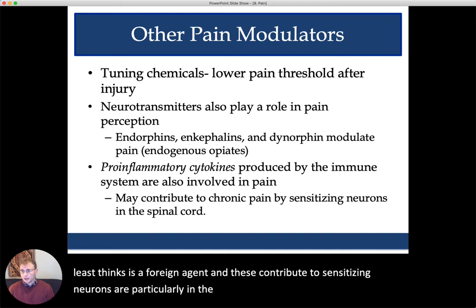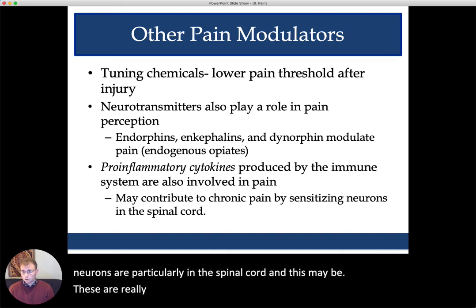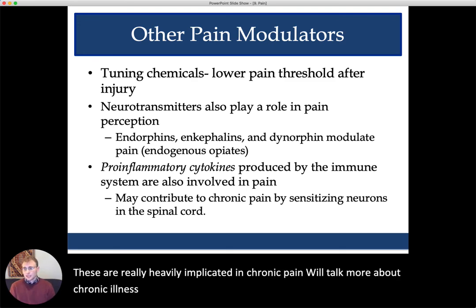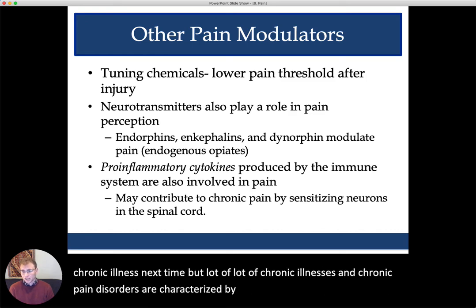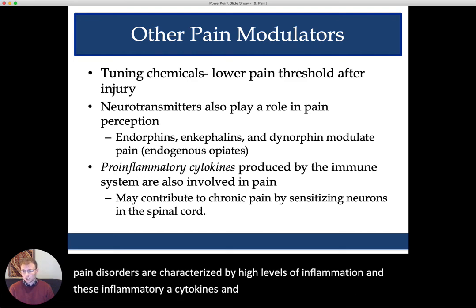And these are really heavily implicated in chronic pain. We'll talk more about chronic illness next time, but a lot of chronic illnesses and chronic pain disorders are characterized by high levels of inflammation and these inflammatory cytokines. And so a lot of interventions are based around trying to reduce these levels.